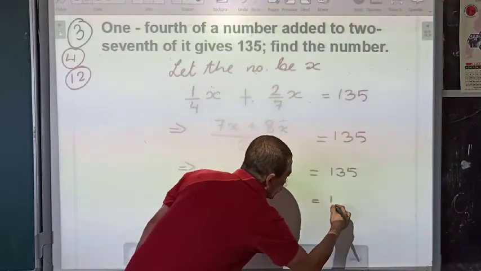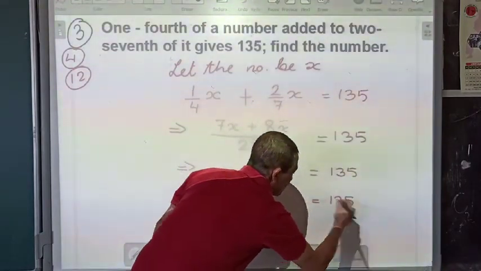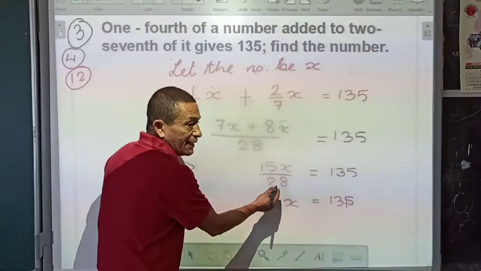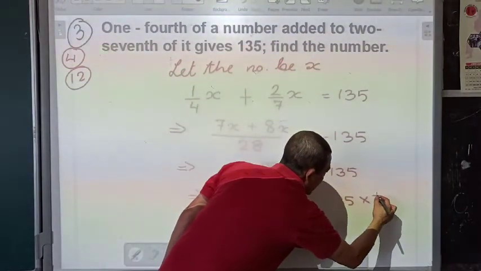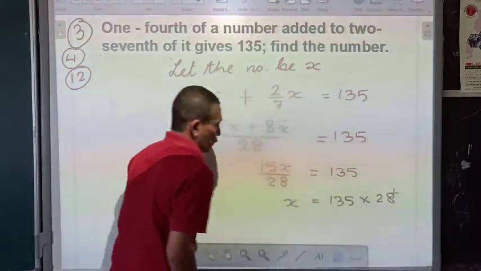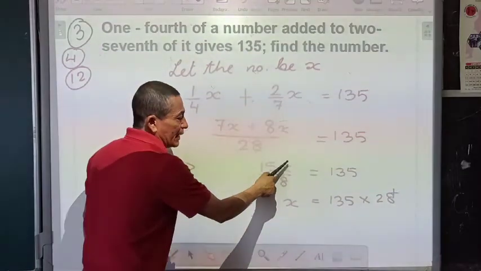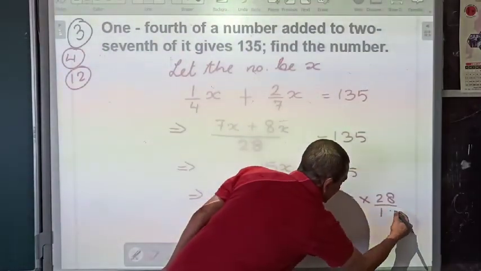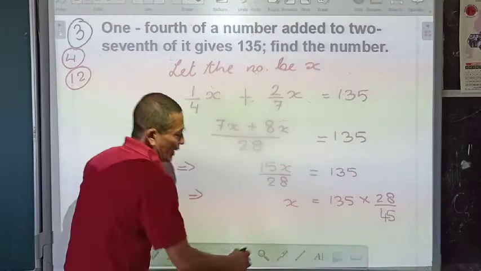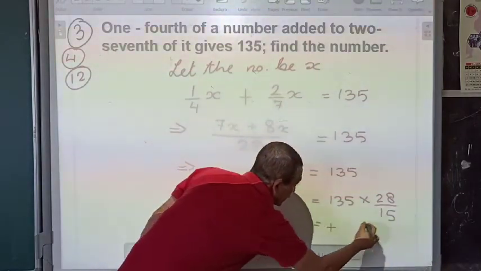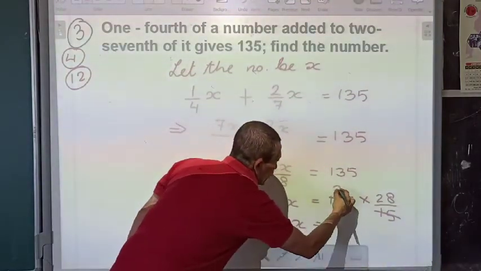x will be equal to 135. Now this 28 is dividing, so it will go and multiply. This 15 is multiplying x, it will go and divide. So finally x will be equal to, if I can cancel, 15 will go 9 times.